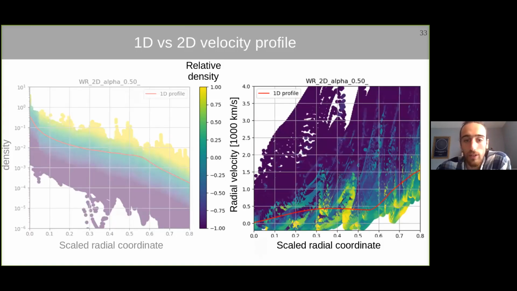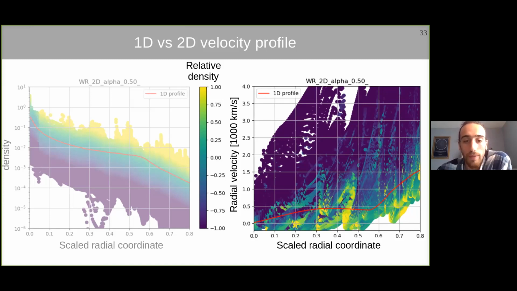And the same if we look at the radial velocity profile. Here I plotted the radial velocity as a function of radius for every lateral cell. And again, overplotted here is the 1D profile. And again, you see that when you compare the 1D profile to the 2D profile, you have a lot of heavier gas, which is indicated by the color map. The overdensities are plotted in yellow, and the lighter gas is plotted in blue.